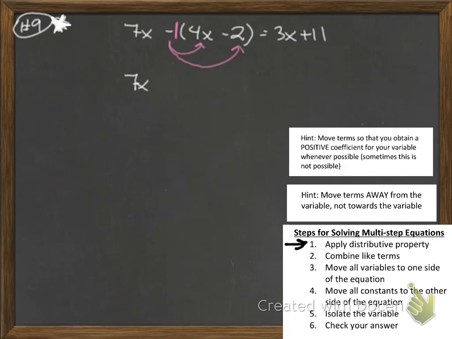So first I'm going to bring down the rest of the equation. So let's see what happens to the two terms inside the parentheses. What's going to happen is that my 4x, when multiplied by negative 1, becomes negative. But let's look at what happens to that negative 2. Negative 1 times negative 2 is a positive 2. Okay, so that's the part.